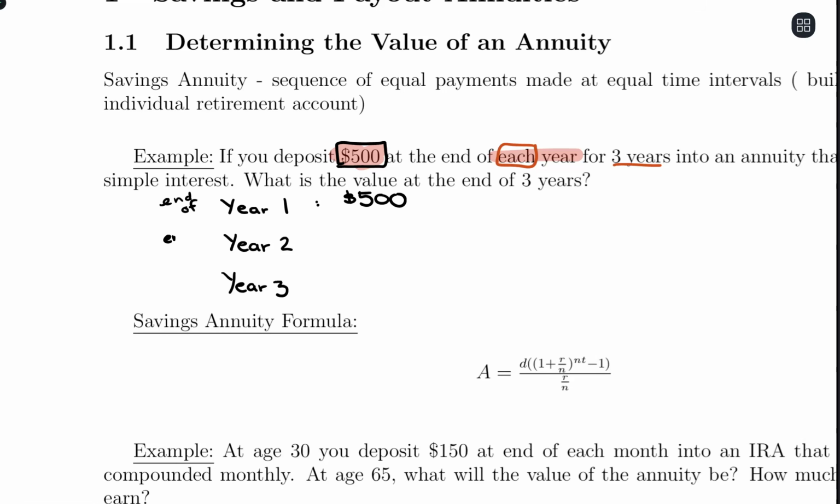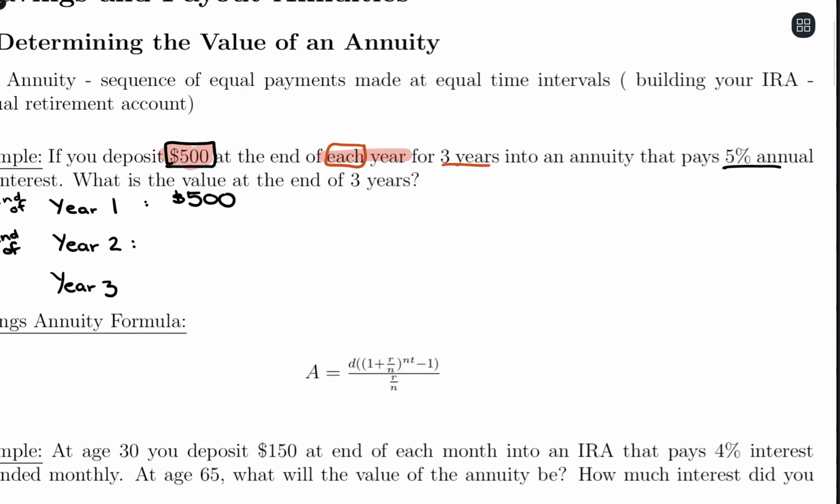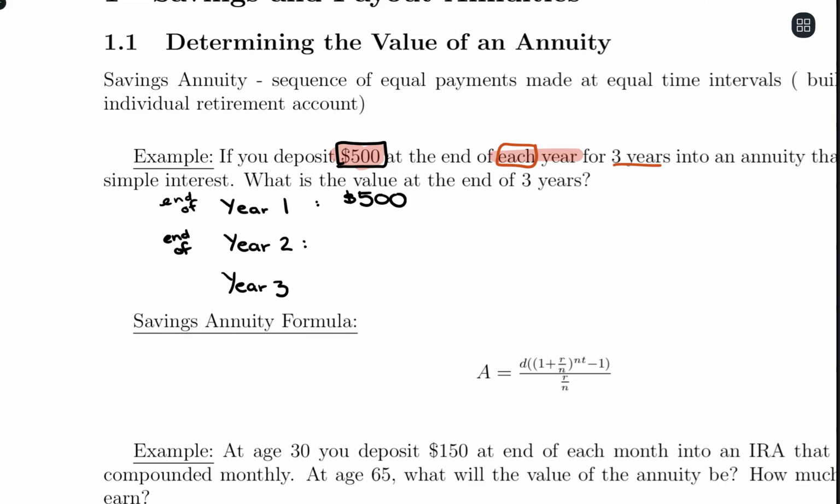Now, if we're going to end of year 2, then what we're going to have is that $500 from year 1 plus that 5% interest. So I'm going to write that as 500 times 1.05. So we have that 500 has grown by 105%. And then what we have is another deposit.